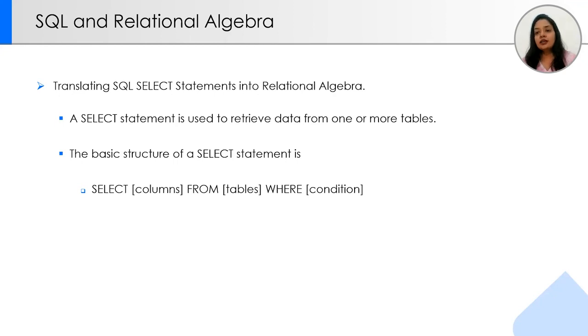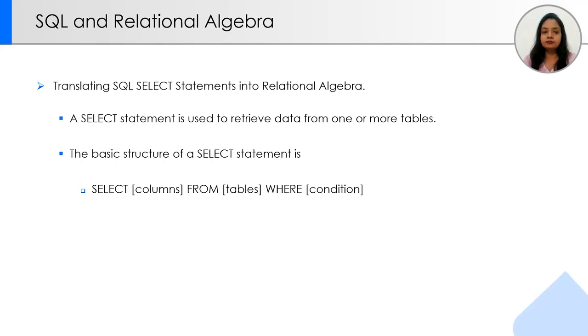A select statement, as the name suggests, is condition based and is basically used to retrieve data from one or more tables. The structure of this select statement is: select column from table where condition. So here you are selecting the columns from the tables and putting the condition to it so that you can filter the data.